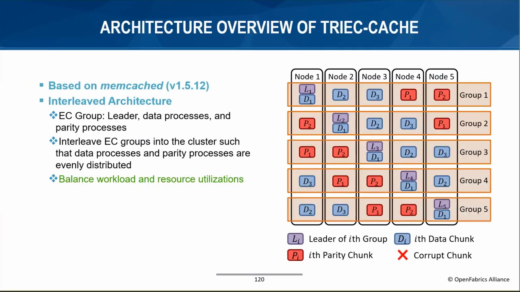In each group, there's a leader, data processes and parity processes. With this interleaved architecture, we are able to balance the workloads, like the data processes and the parity processes, across different nodes evenly. So this is the best way to utilize the resources of the cluster.